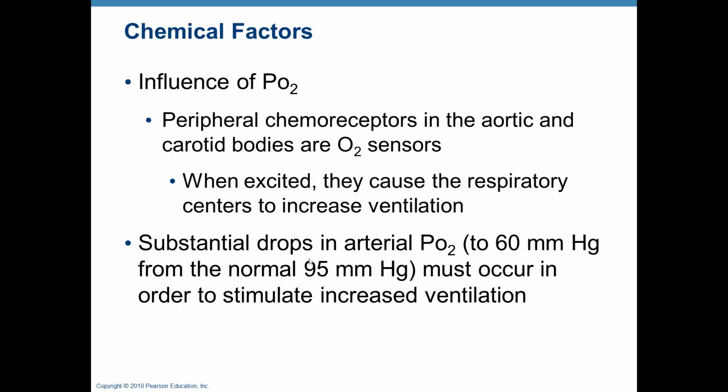So if you have a big drop in your arterial partial pressure of oxygen gas, normal is about 95, and it drops to about 60, these chemoreceptors detect that, and they'll stimulate you to increase your rate and depth of breathing to help you oxygenate your blood better.